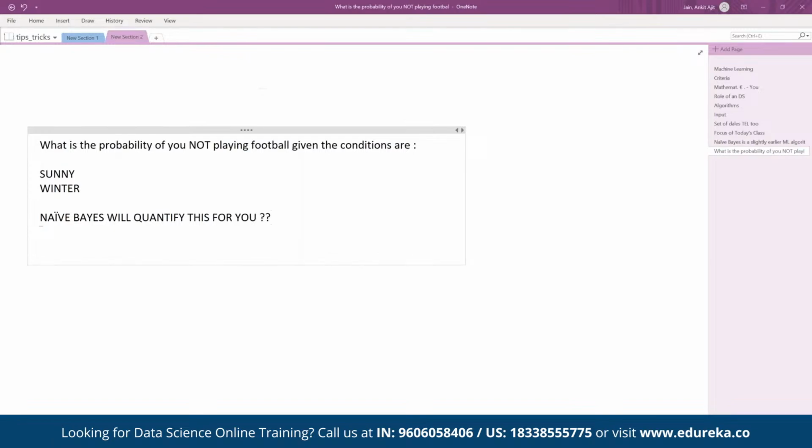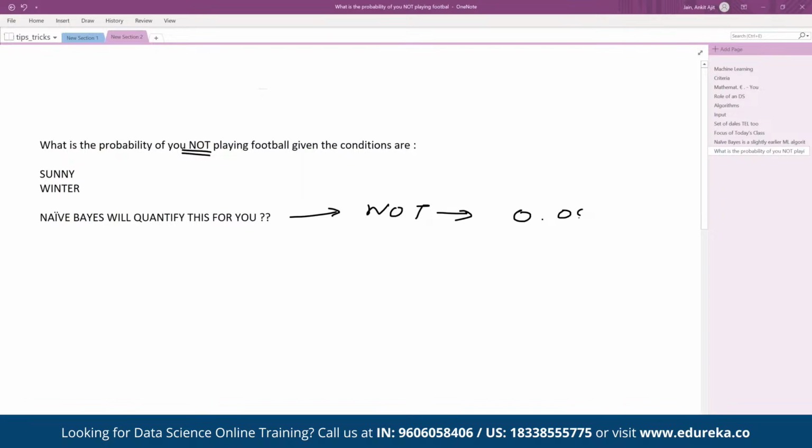Naive Bayes will quantify for us that, hey boss, today you want to play football, what are the chances that you will not play football given it is sunny and winter? Suppose you quantify not playing and it comes out to be, say, 0.05, and you can also use Naive Bayes to see the probability of yes.